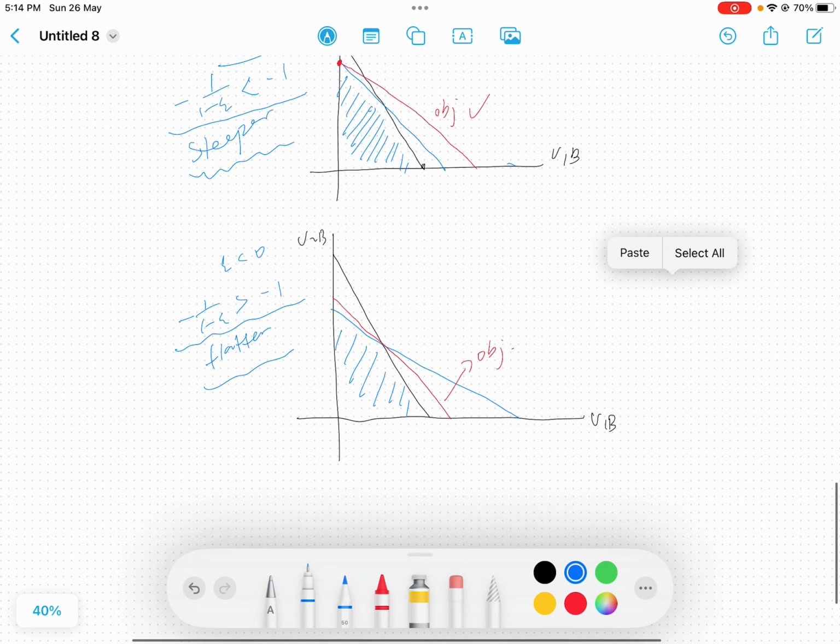Here again we have our objective function, which has a minus 1 downward slope, and this blue line is flatter than the objective function. So of course, the intersection of those two lines, the optimum for the objective function, should be somewhere here.